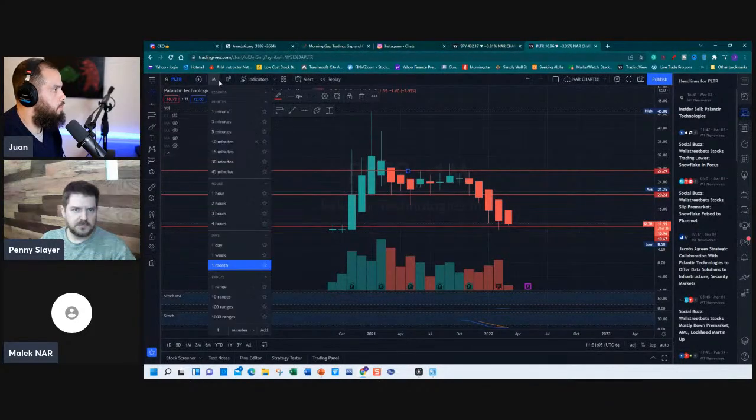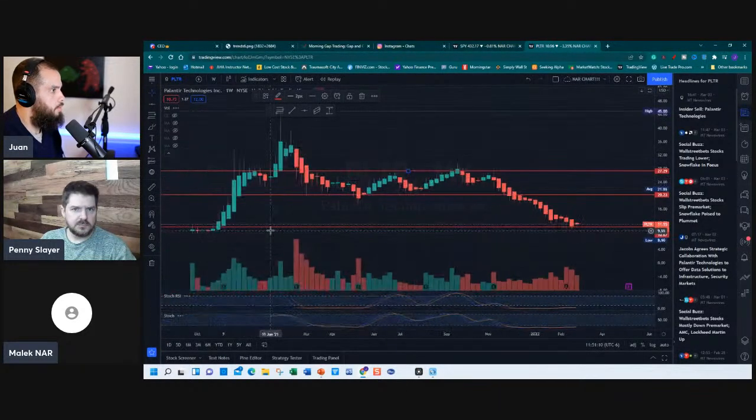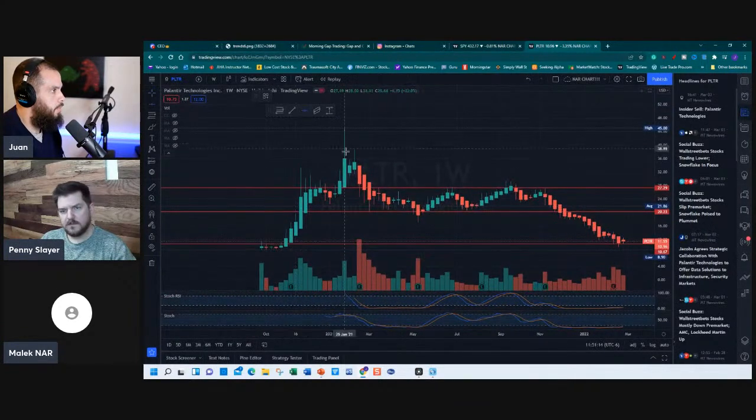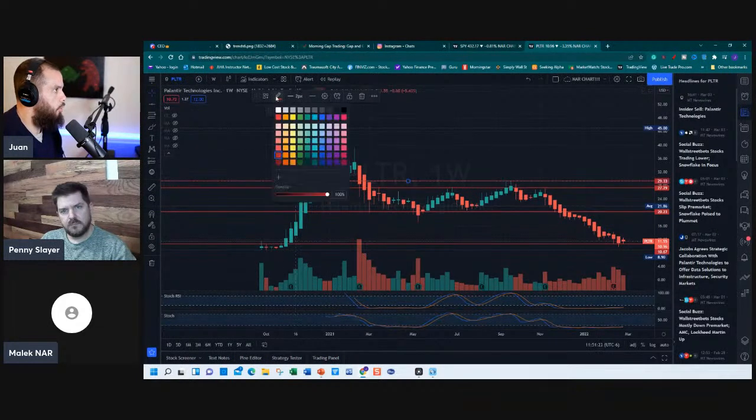I like to zoom in from the monthly to the weekly to the daily to the 4 hour. I'll go monthly, weekly, and for me, I like to change the colors, so the weekly would be white.